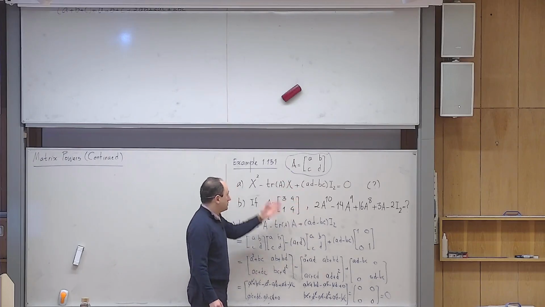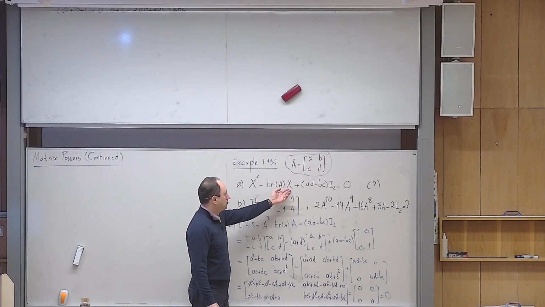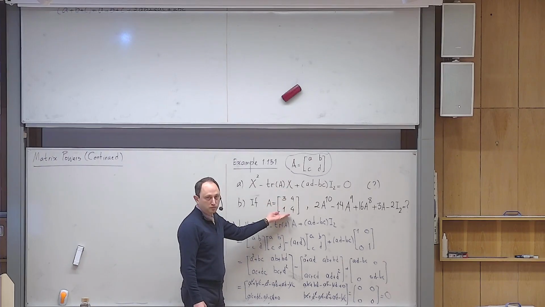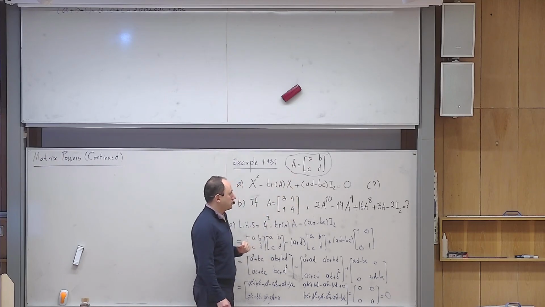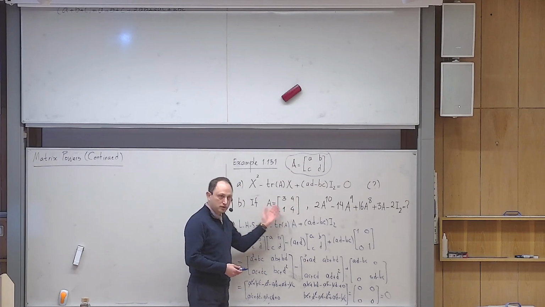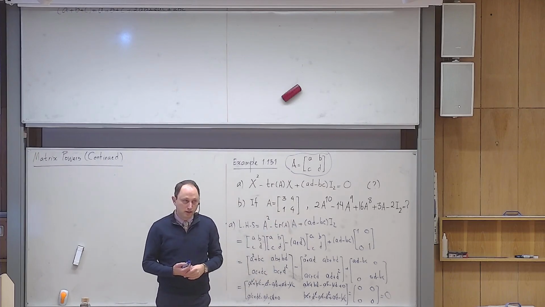This equation is completely generic. Here I am talking about a particular 2 by 2 matrix, but this formula is valid for any 2 by 2 matrix, including this one. So what does it mean?